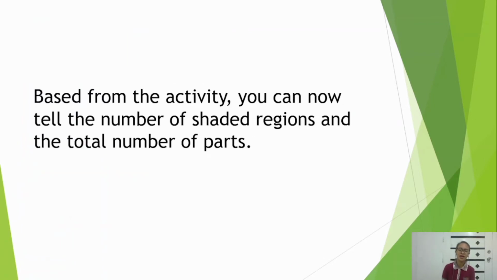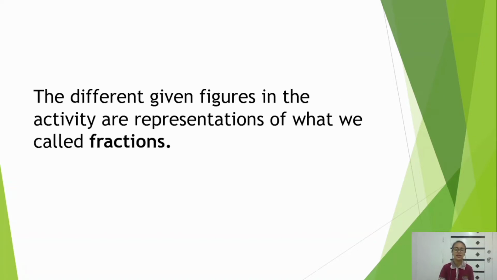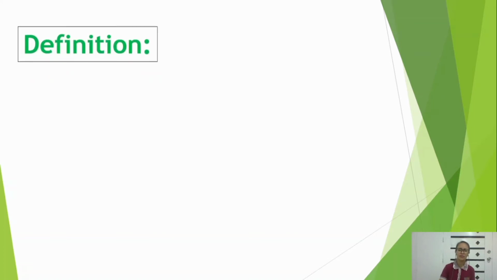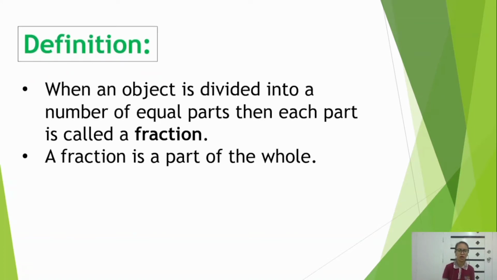So, based from the activity, you can now tell the number of shaded regions and the total number of parts. The different given figures in the activity are representations of what we call fractions. So, what is a fraction? Let us define fraction. When an object is divided into a number of equal parts, then each part is called a fraction.